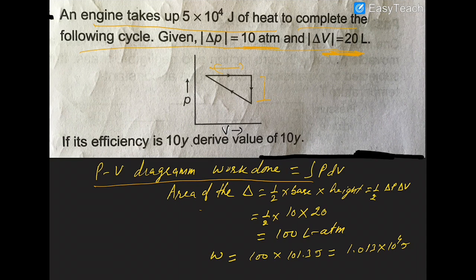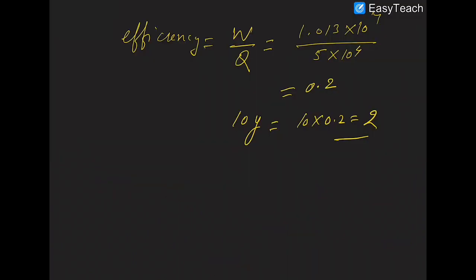So the area of this triangle will be half base into height, where the height is 10 and the base is 20. So it is half of 10 into 20, which comes out to be 100 liter atmospheres. Multiplied by the joule conversion, it comes like that.